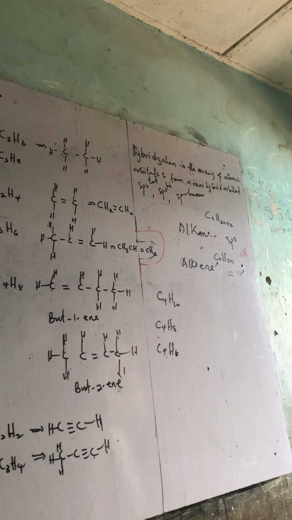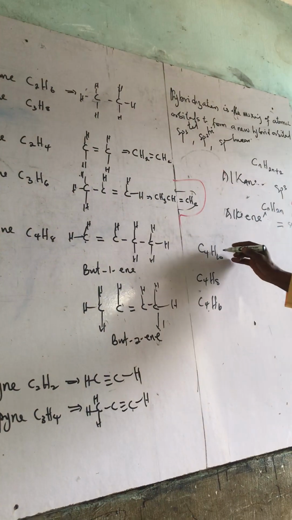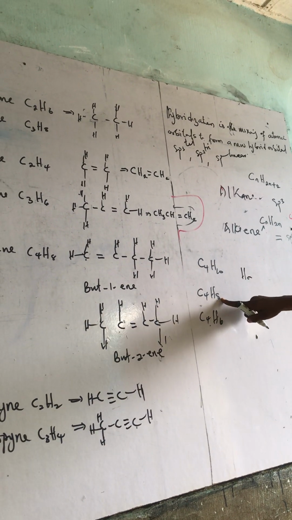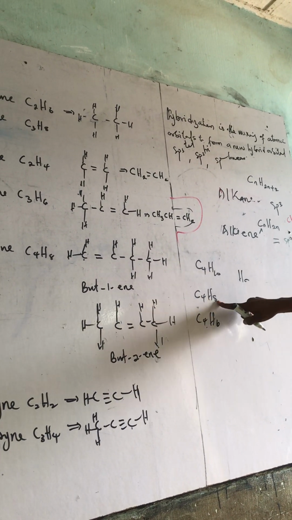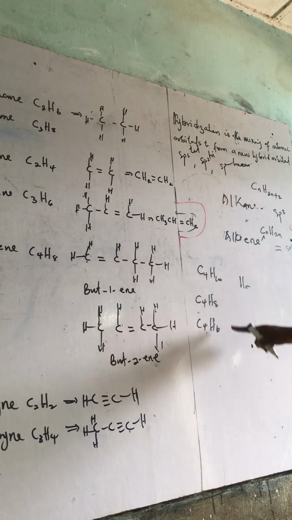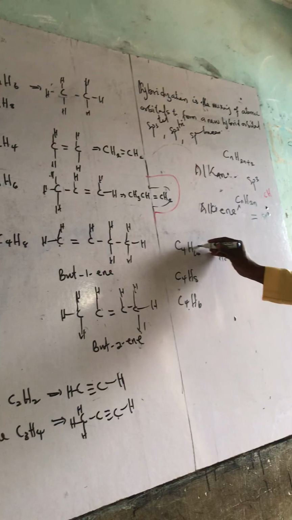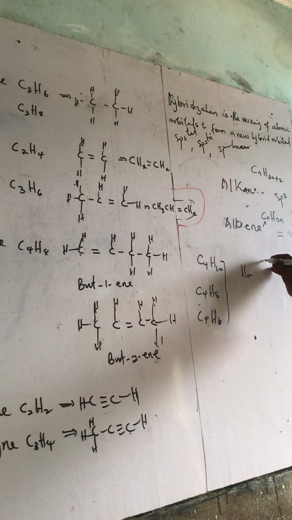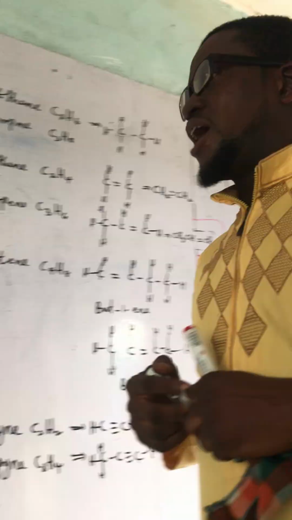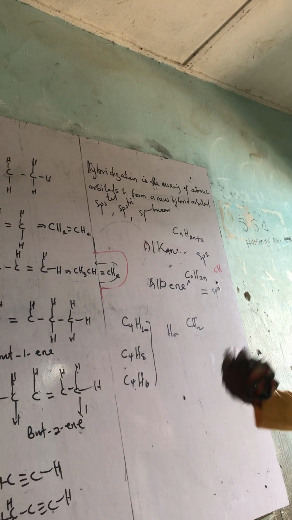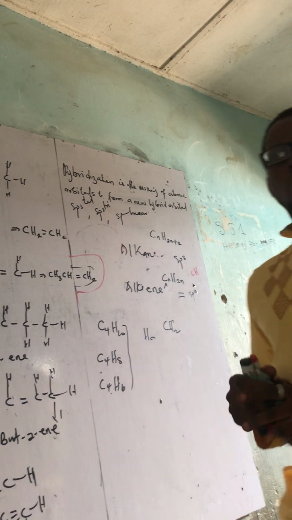So you can see that the difference between them now, 2 hydrogen is lost from here to here. Another 2 hydrogen is lost from here to here. So you can see that all of them are different by CH2. Because the difference between them is CH2, that is why they are called homologous series.